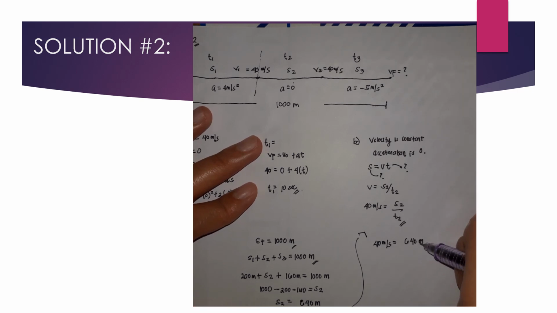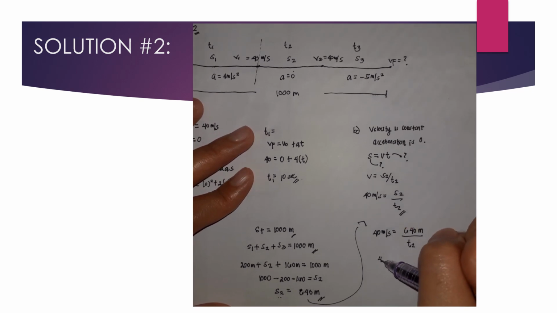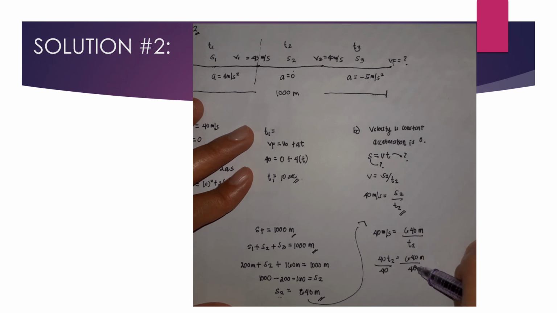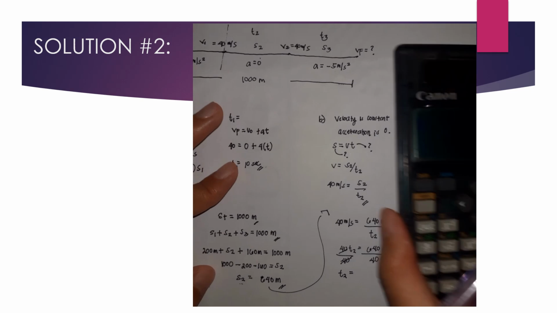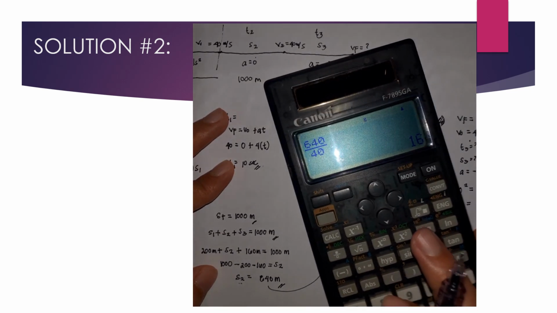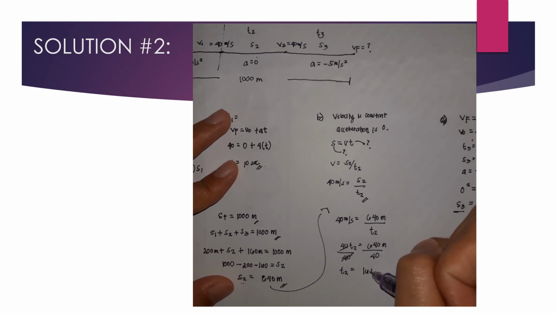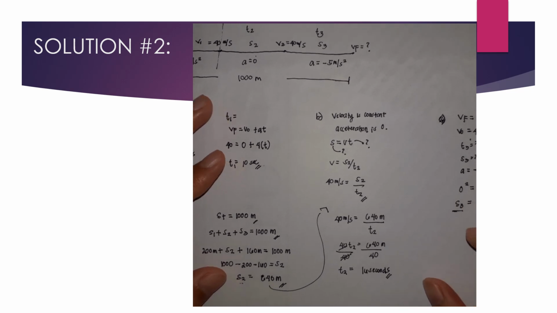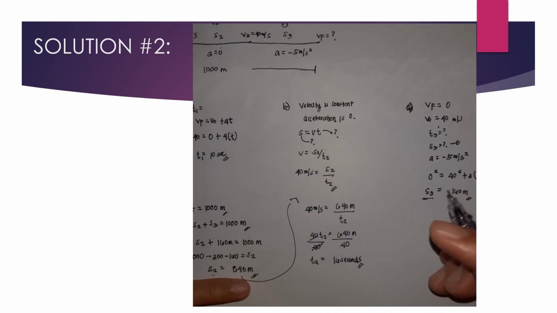So from this, we can finally solve for our time 2. Our S2, 640 meters, over time 2. Simplifying, T2 is equal to 16 seconds.